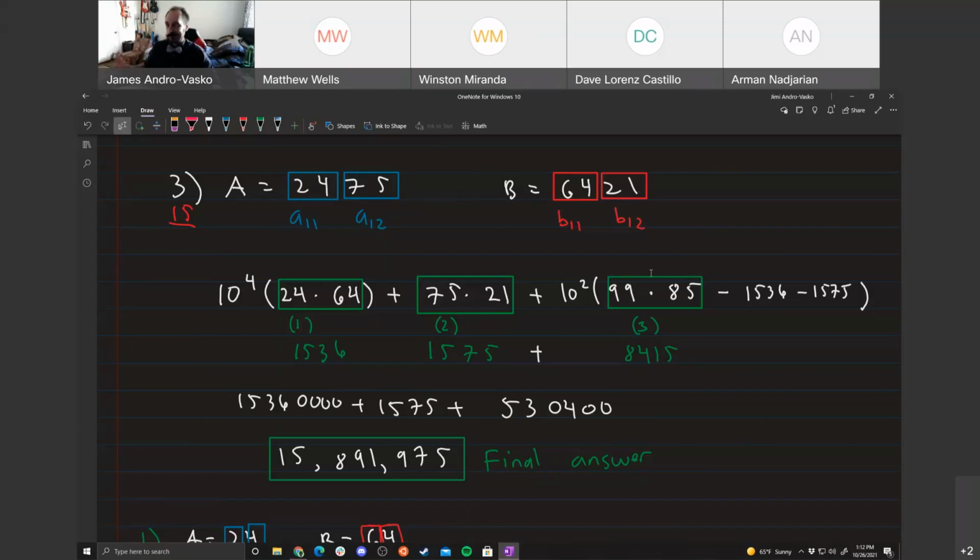I did say it wasn't beyond that, so of course you could use those notes. We just take 24 plus 75 multiplied by 64 plus 21. That's our final term right there, and that's how we end up getting that.